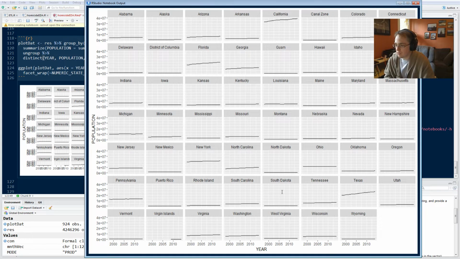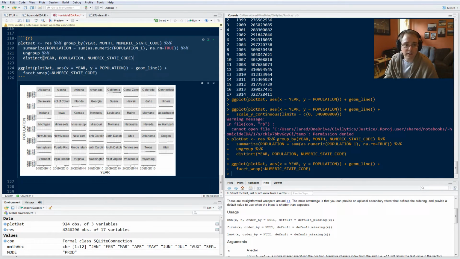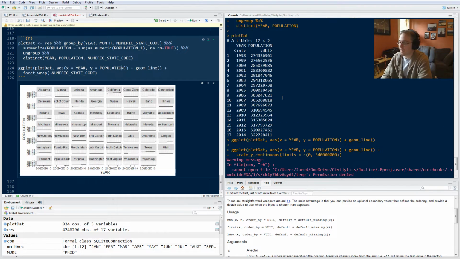These are the populations of the police departments reporting. I mean, big ones are the big ones. Doesn't tell us that much, but we can work with it.